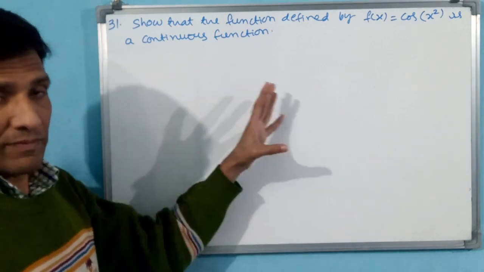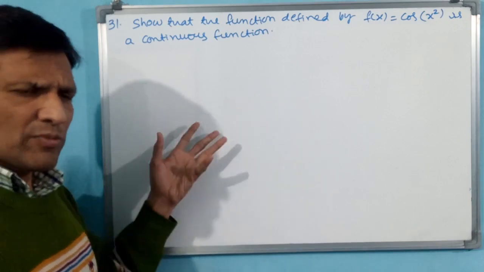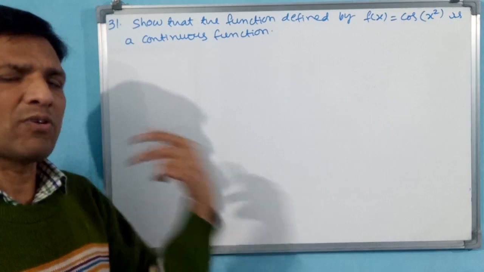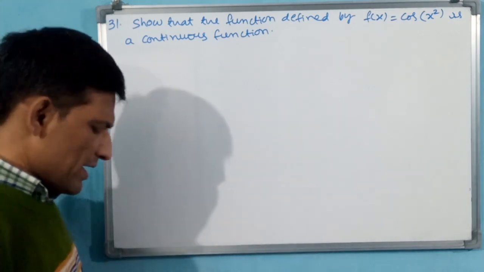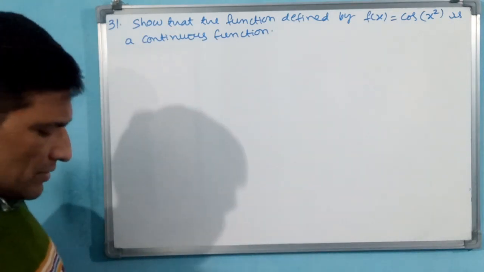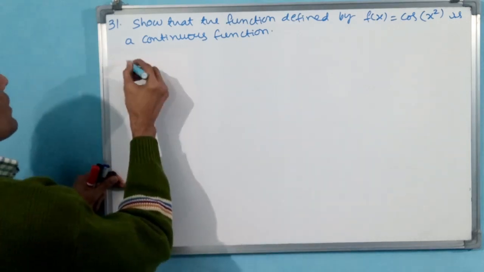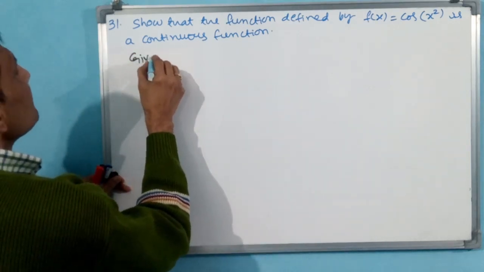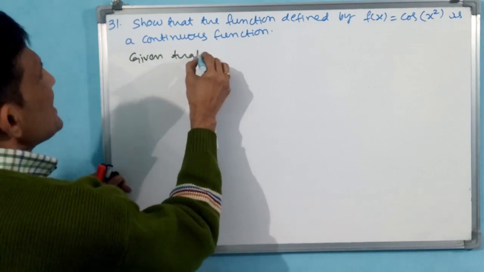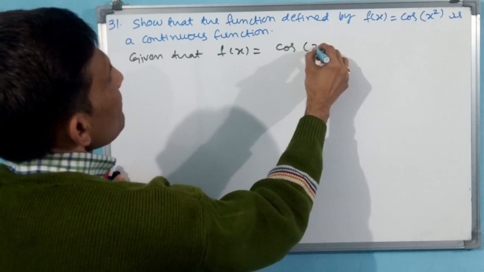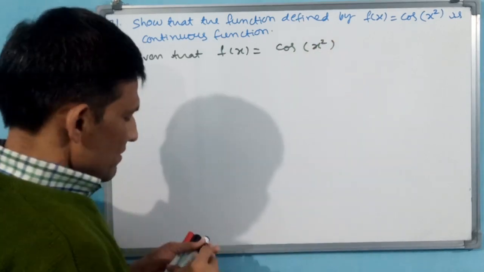If there are more marks for this question, you prove it in detail. Or else, for small marks, just write simple steps and close this. See what I am writing now. Given that f of x is equal to cos of x square. First you write this.